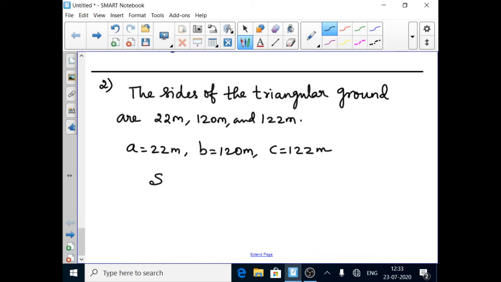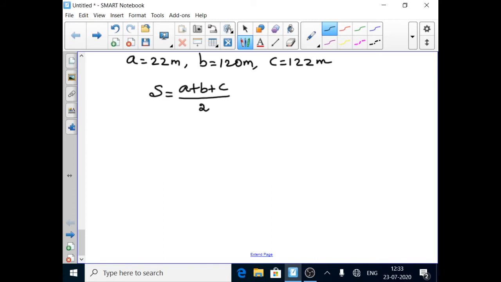Already we know that S is equal to A plus B plus C divided by 2. Okay, so you can add the values. 22 plus 120 plus 122 divided by 2. If you add, you will get 2 plus 2, 4.